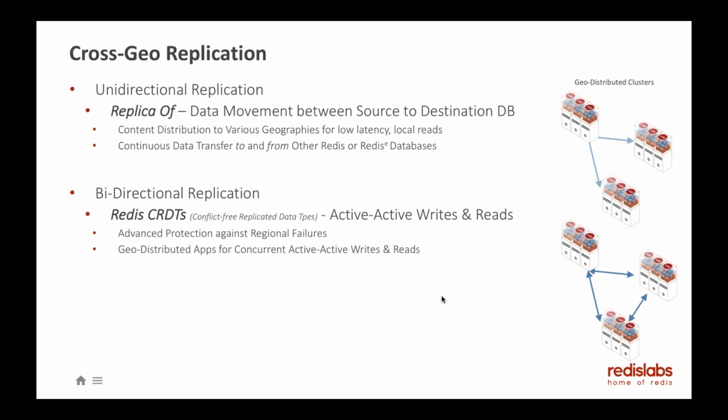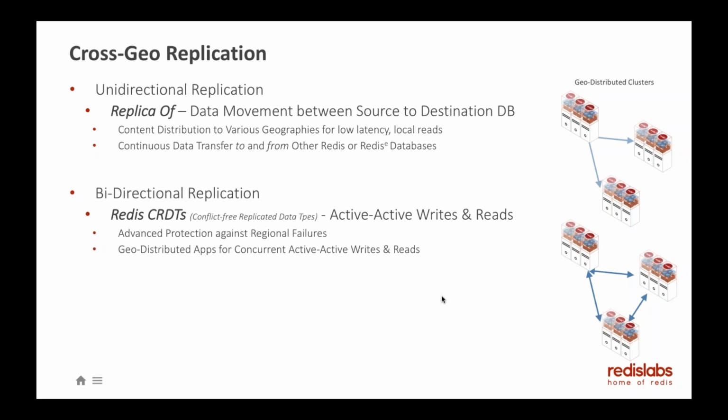Now we expect writes to arrive in the master copy of the data, and all the destination databases here are provided as read-only, though there are complex topologies you can set up with this replication technique. More importantly, which is our topic today, is the bidirectional replication that crosses the WAN boundary.